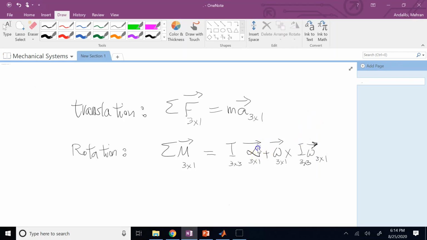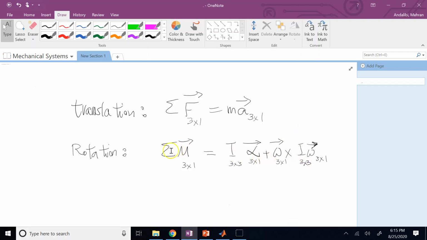If you see, there is only the first term, and the reason for that is I omega and omega are parallel, so this cross product goes to 0. Under specific conditions, you can show in the 2D case that omega and I omega are parallel to each other.